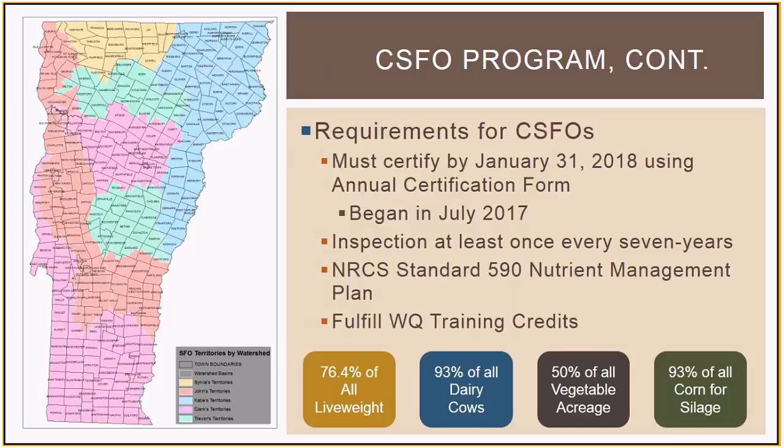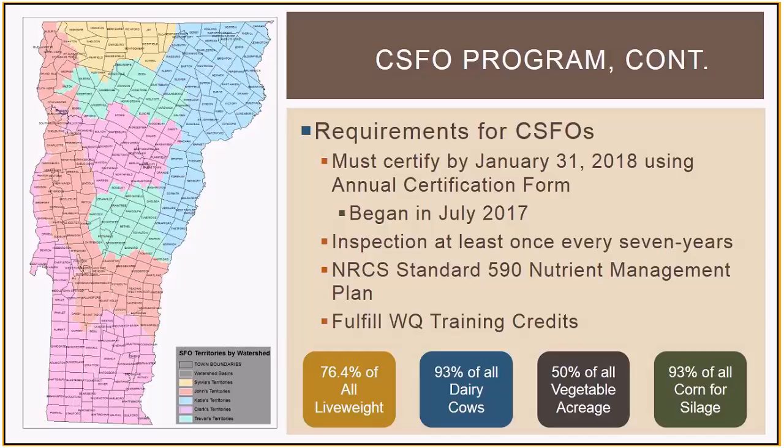So they take a long time to put together, and the CSFOs will definitely be working on those plans for the up and coming years. And then the last part, which we spoke about before, was the water quality training credits, where they need to get 4 credits every 5 years.